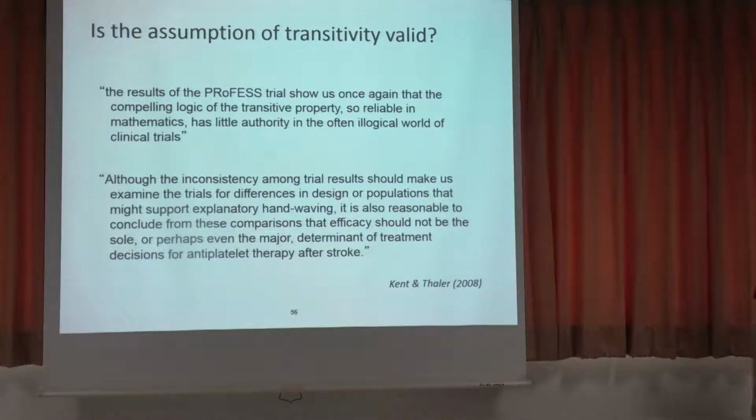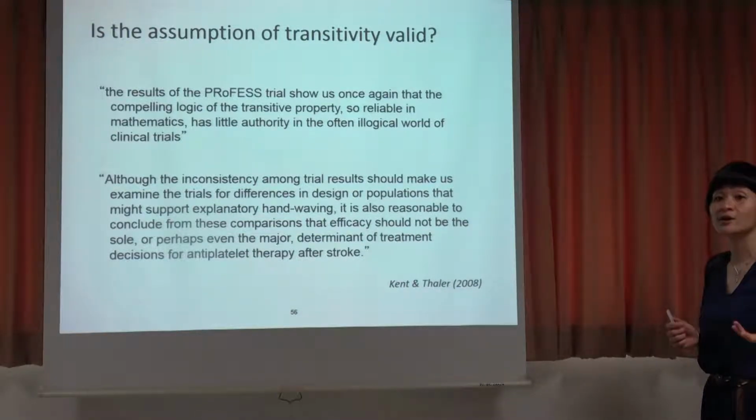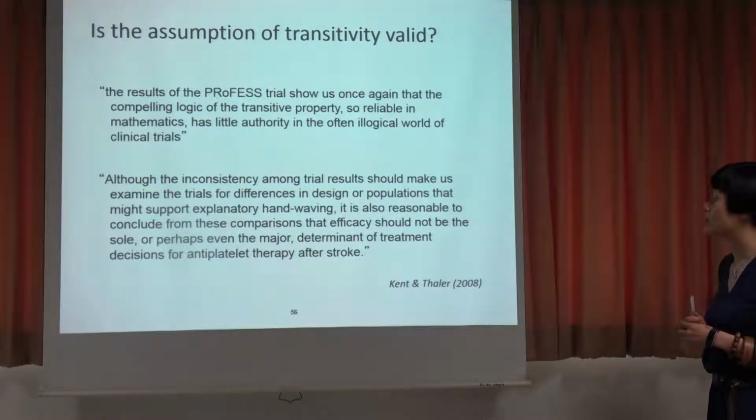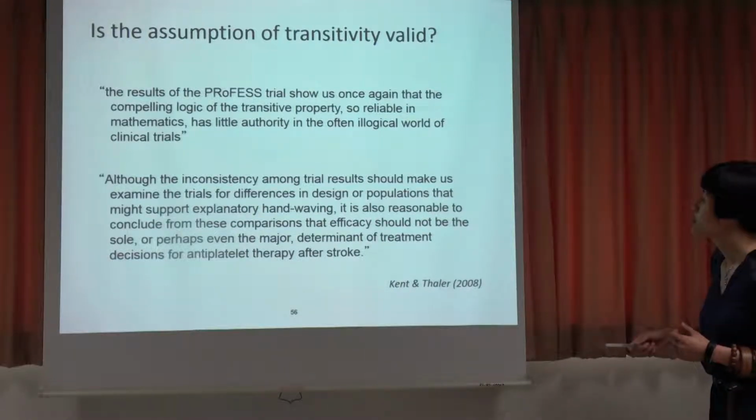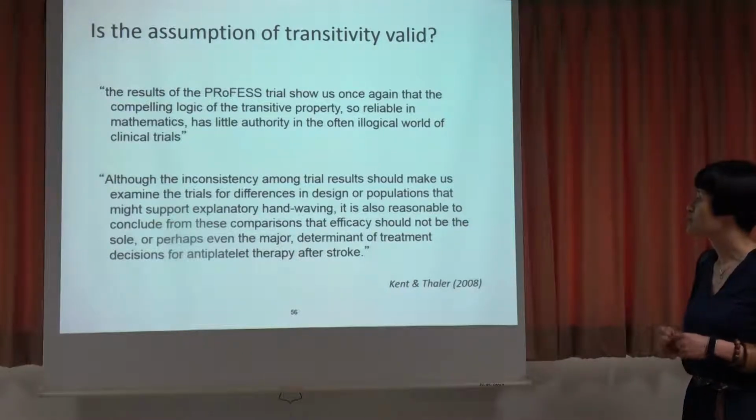The author's question is then whether the assumption of transitivity was valid at all, because that indirect comparison of the existing trials was based on the assumption of transitivity. These quotes from the paper reflect their questioning of the assumption.